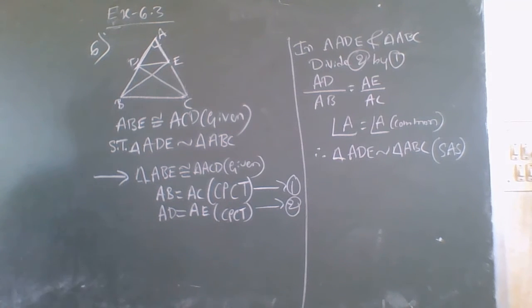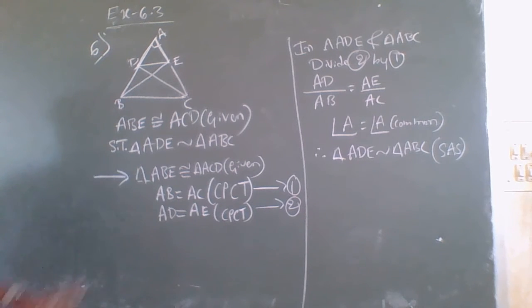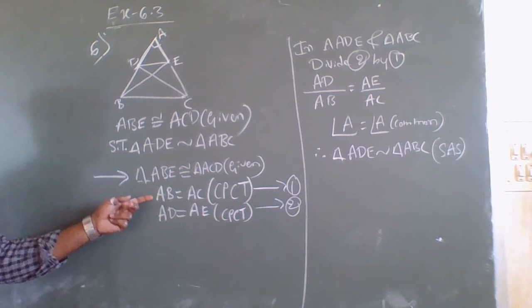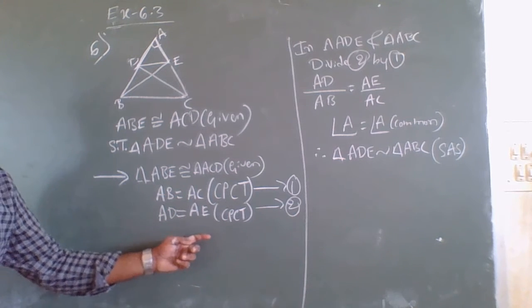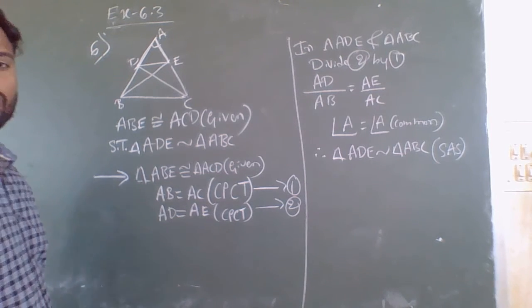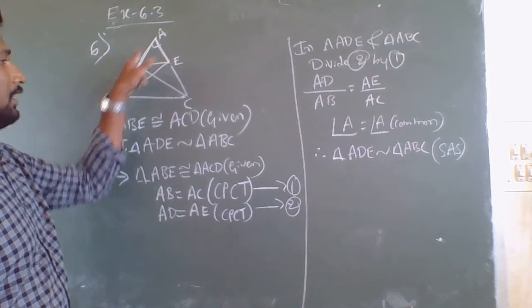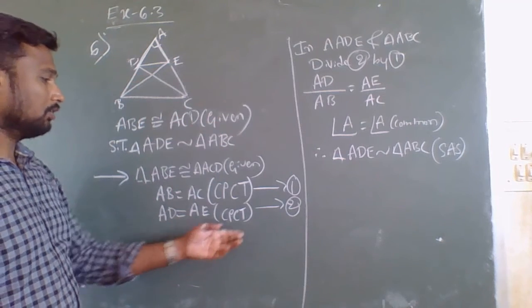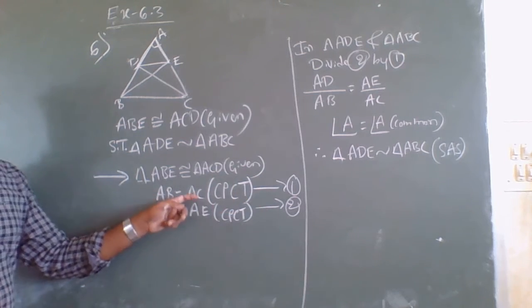See here again. First, they are given that ABE is congruent to ACD. If these two are congruent, then we can say that AB is equal to AC and AD is equal to AE because of CPCT. CPCT means corresponding parts of congruent triangles. In triangles ADE and ABC, we divide 2 by 1, so AD by AB is equal to AE by AC.